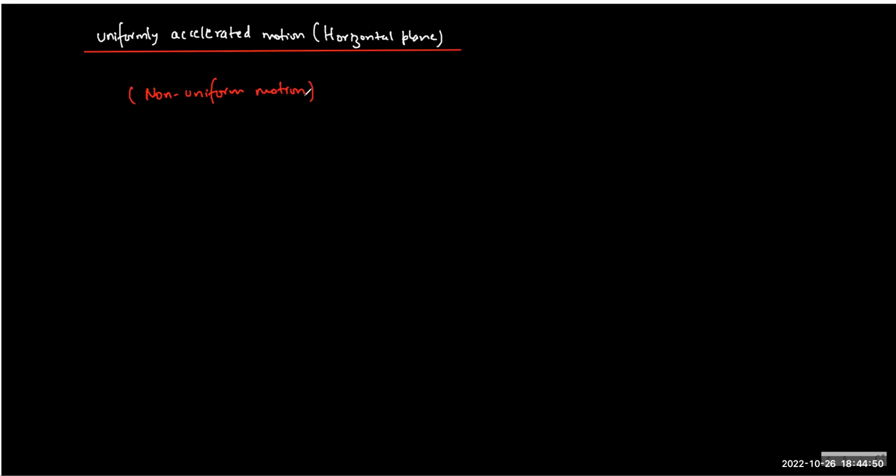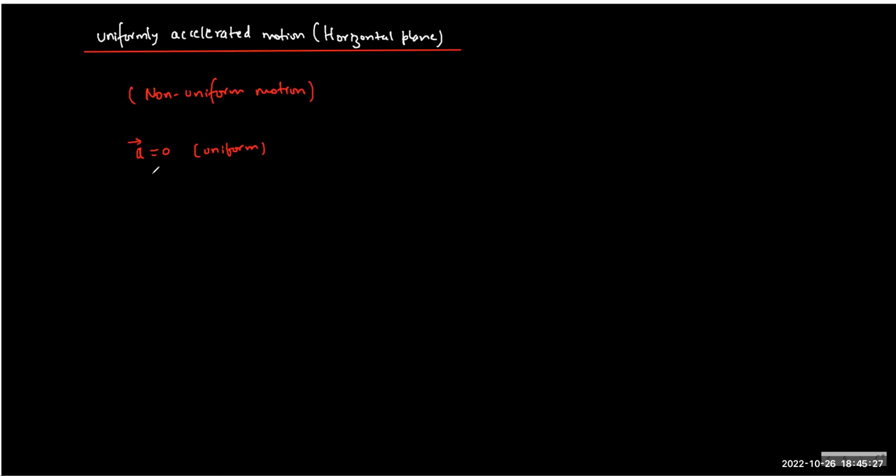So in uniformly accelerated motion, if I make a equals to 0, it becomes uniform motion. Okay. So if a is 0, I would say a vector is 0, because when I say a is 0, it means I'm saying the magnitude is 0.